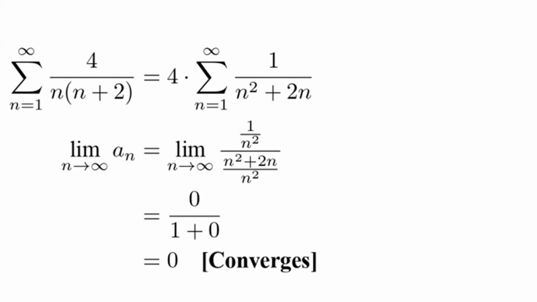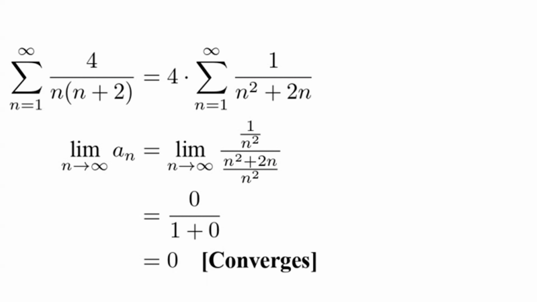So the 4 is moving outside the equation, so it will be 4 times the sigma from n equals 1 to infinity of 1 over n squared plus 2n, after multiplying out the brackets.